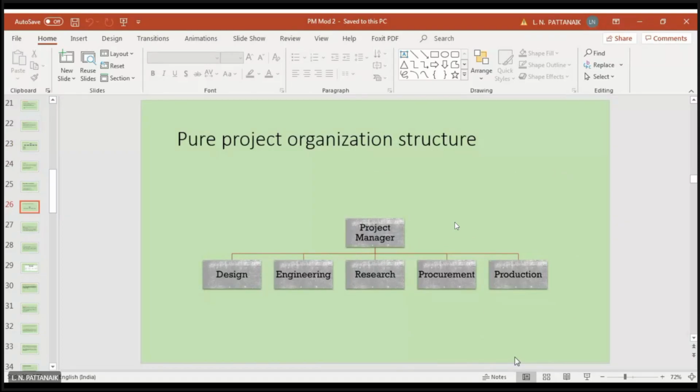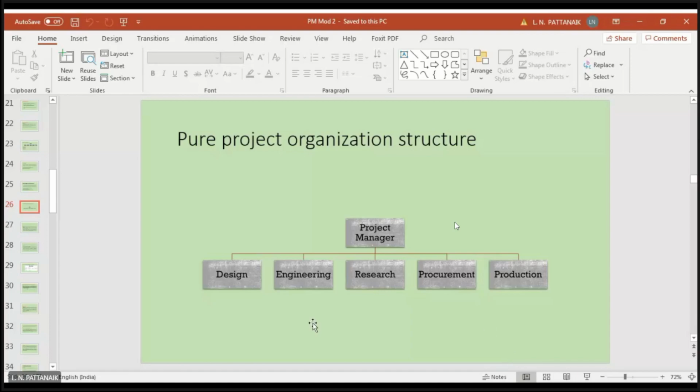It's just a kind of temporary endeavor, for which you don't have any functional organization or setup, but you are just forming a structure by dividing your workforce or people at your disposal to carry out that task. That is a pure project organization structure.